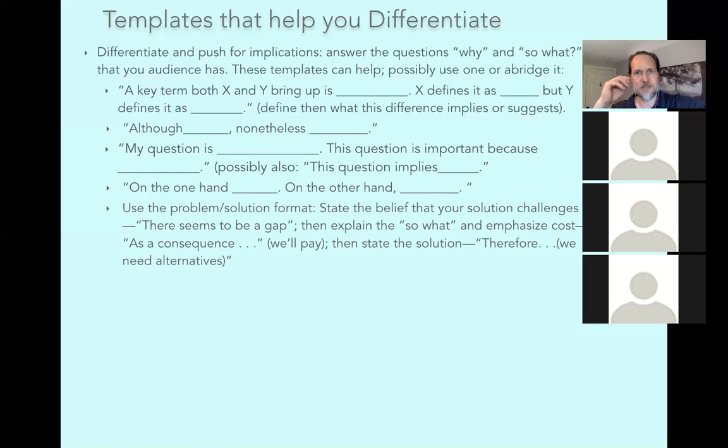All right, this one's good, and I will break this down probably in another lecture. It's called a problem-solution format, and it comes from the emeritus professor of writing at the University of Chicago, Joe Harris. And it's a really cool idea, I think, because it just says that I'm going to frame the belief that my solution challenges. And here it goes: there seems to be a gap with blank.